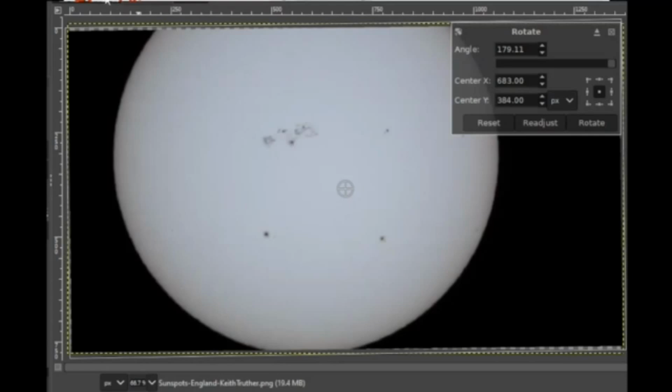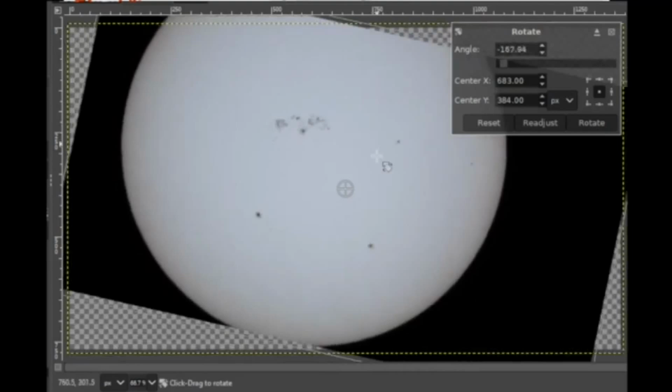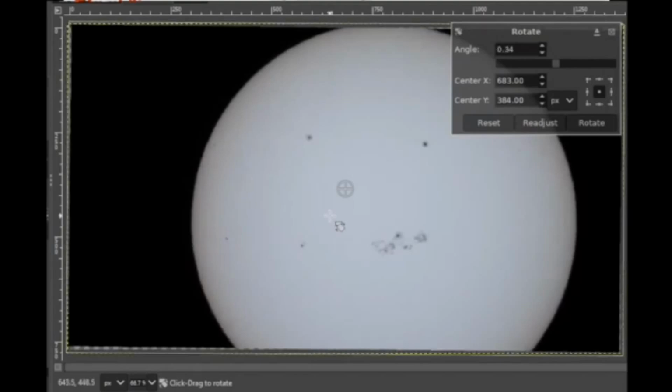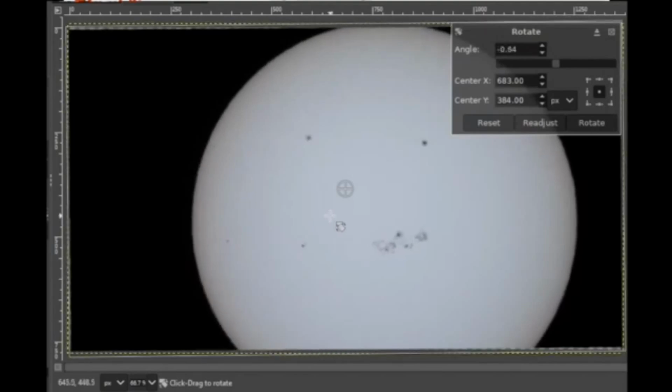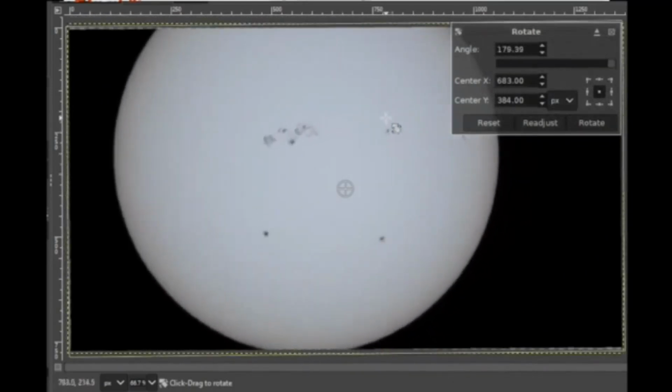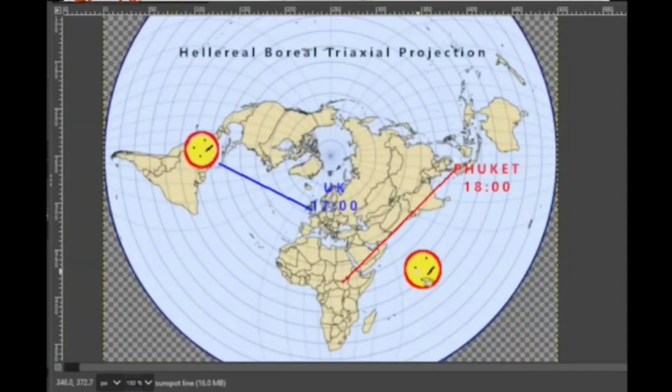So cluster of sunspots on the top left, rotating as it arcs across the sky throughout the day until setting in this configuration with the sunspots on the bottom right. So in the morning, that cluster of sunspots would have been on the top left for that observer. And we can see that with the sun over here now, if we extended that blue line to the sun here, we would see that from the observer's perspective in the UK, that cluster of sunspots would indeed be on the top left for that person's view.